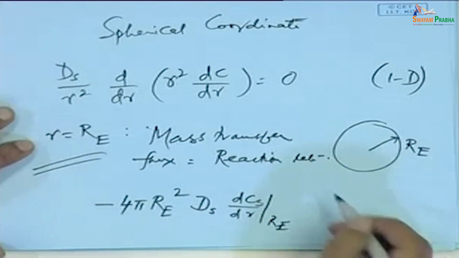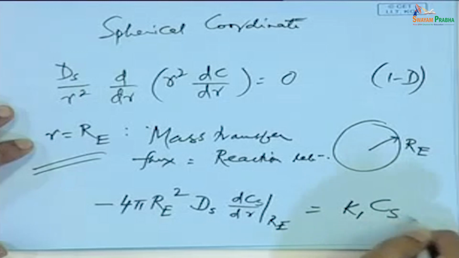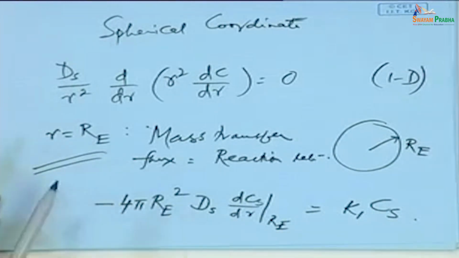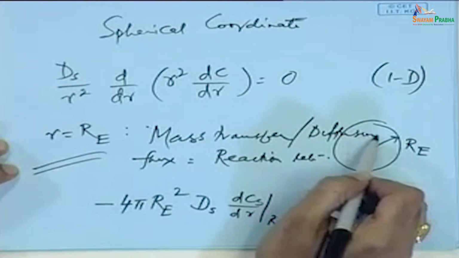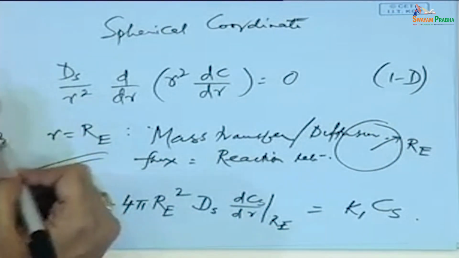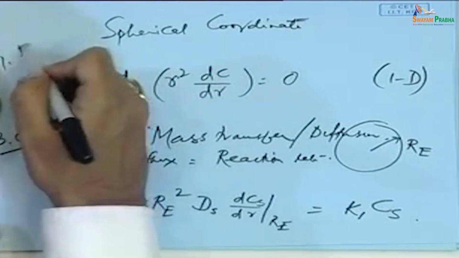So, this is my diffusional flux equal to reaction rate, which is Q1 times C_s. Is that clear, everybody? So, this is my boundary condition BC1.